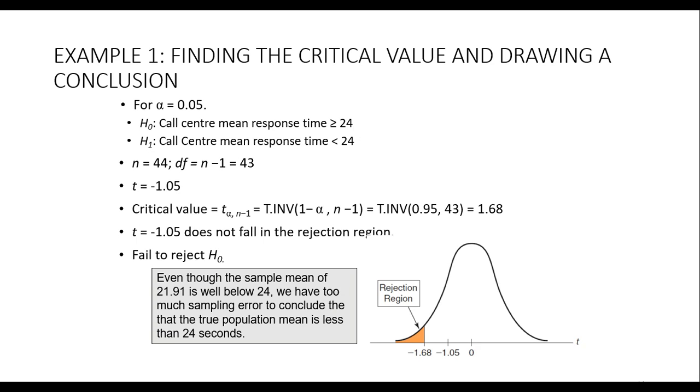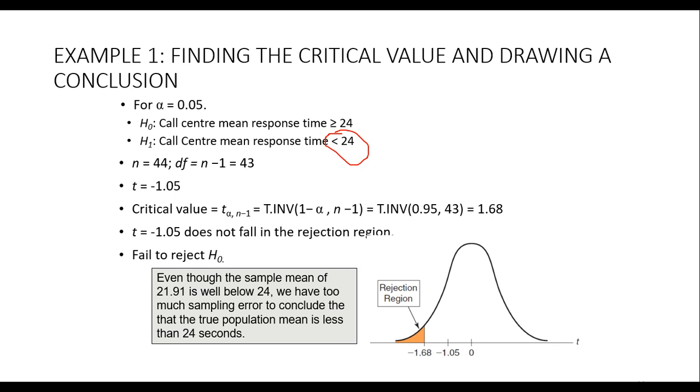So for the critical value, here you can see it is less than 24, so it is definitely a left-tail test. The critical value is found using T inverse of 1 minus alpha, n minus 1. So T inverse of 0.95, 43. Using Excel, as I just showed you, we found the value 1.68.